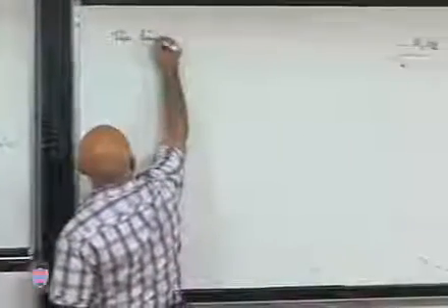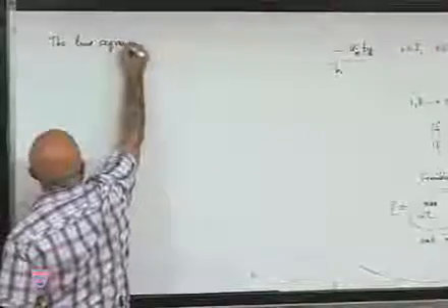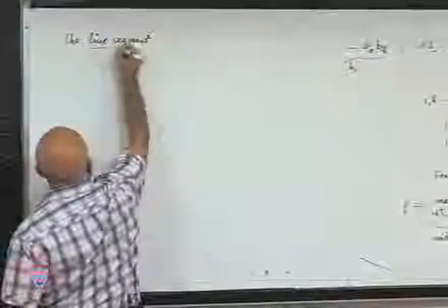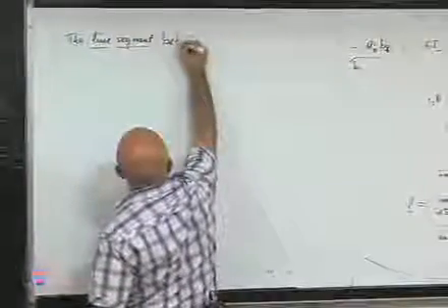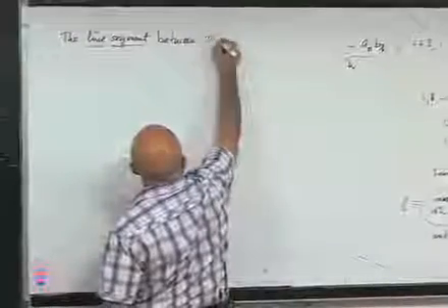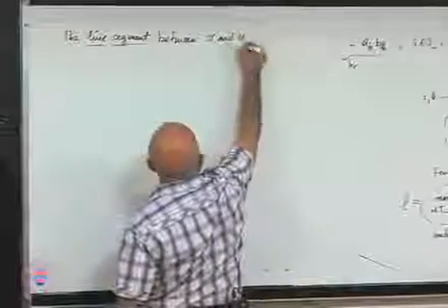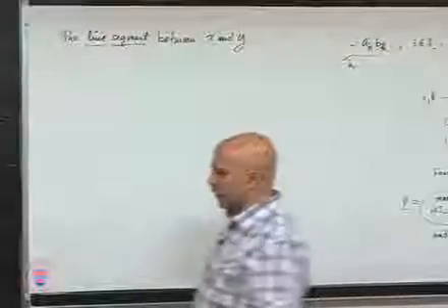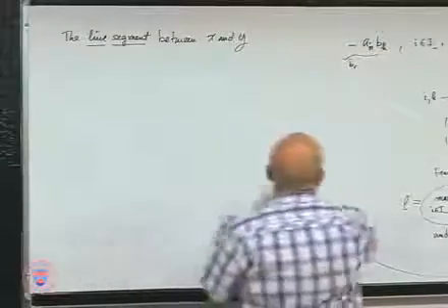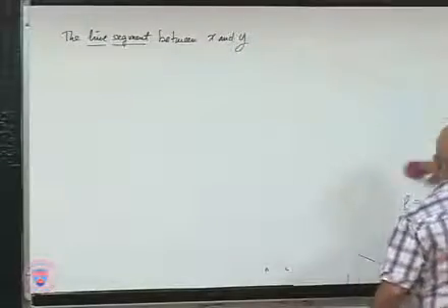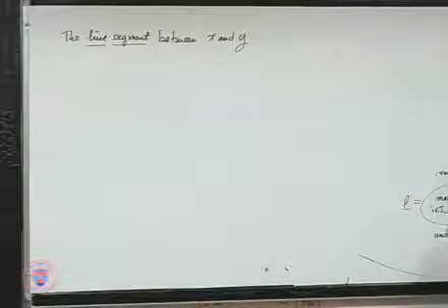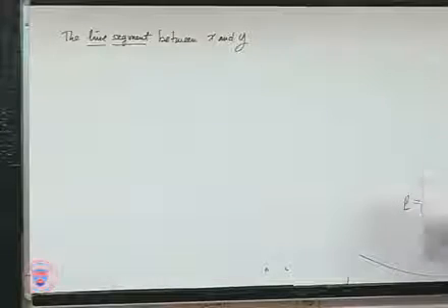The line segment between x and y, both are points in Rn, is the set of all convex combinations of x and y.